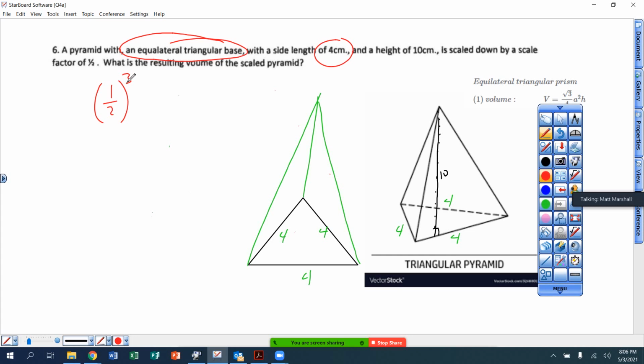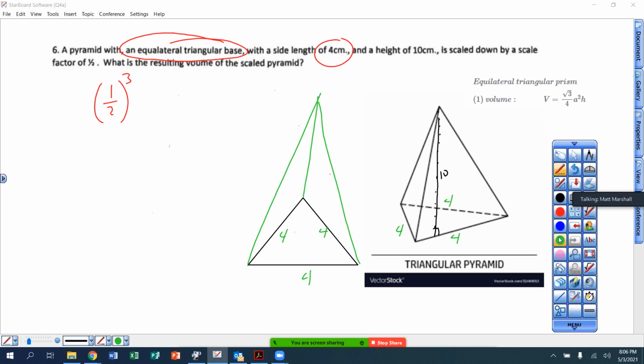Okay, so for this problem right here, I mean the nitty gritty, this is an equilateral triangular prism, which you use that formula right there, and you just multiply by 1/2 to the 3rd power right there, I believe. I guess that 4 would be the A, and then the height would be the 10. That's the only thing I could tell you right there.